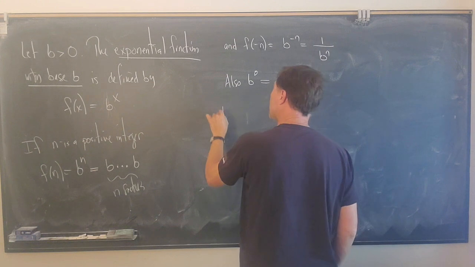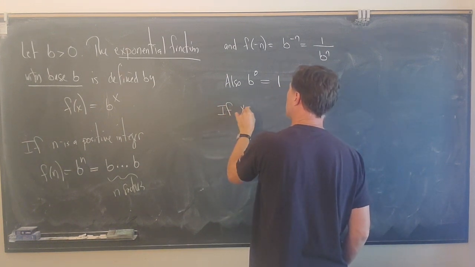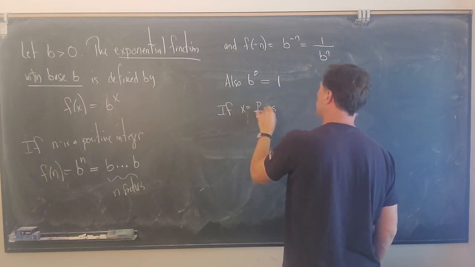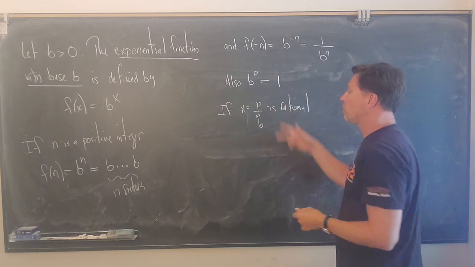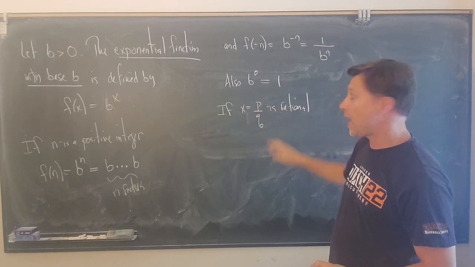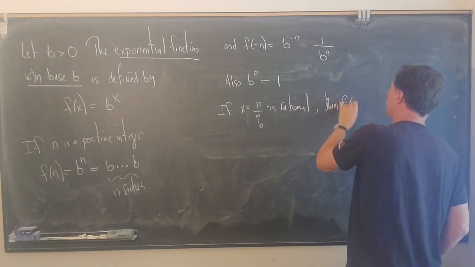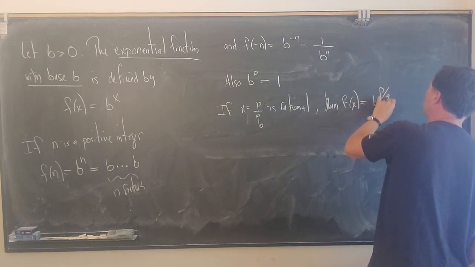If we take a rational number, so let's say x equals p over q, is rational, meaning that we've got fractions here, where p is an integer and q is an integer. Then f of x is going to be b raised to the p over q.